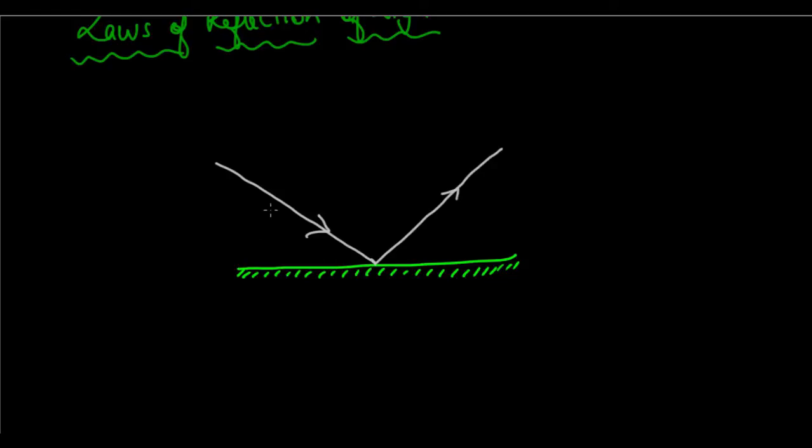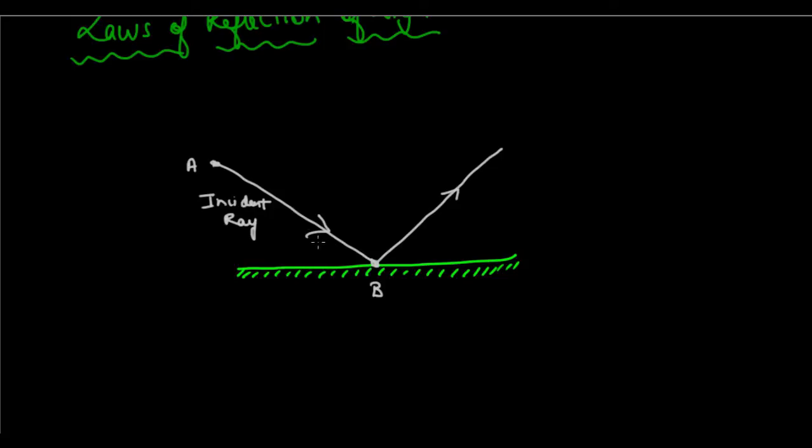Now this ray which is striking the mirror, okay, this ray which is striking the mirror from point A, suppose, and striking the mirror at suppose point B, this ray is called the incident ray. This ray which is hitting the mirror, right?